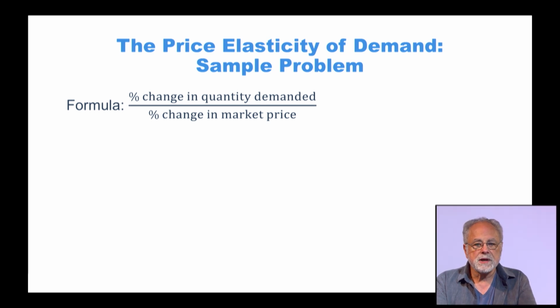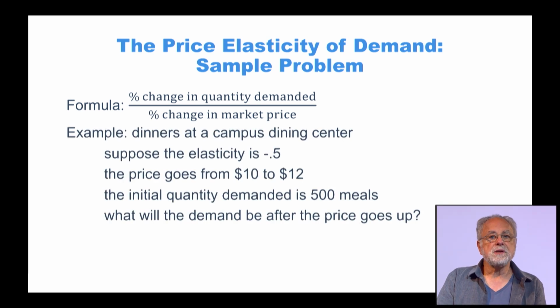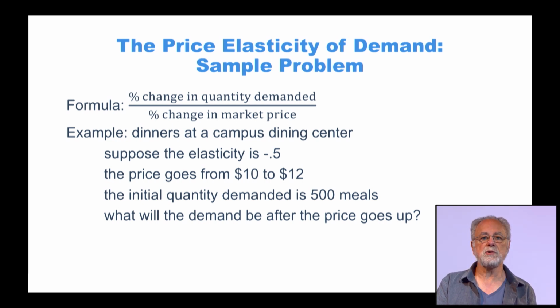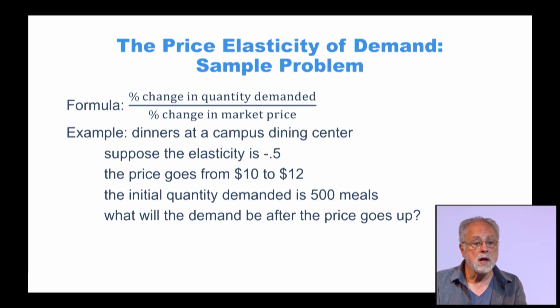Let's consider, for instance, dinners at a campus dining facility. So suppose that the elasticity is minus 0.5, so that the numerator divided by the denominator of that formula is going to give you a minus 0.5. That's inelastic, right?